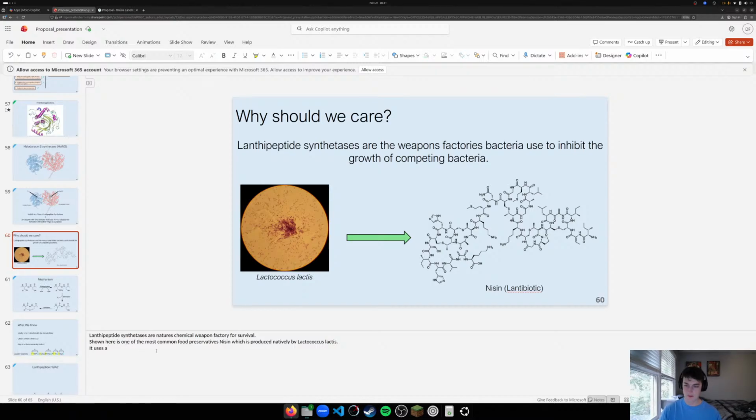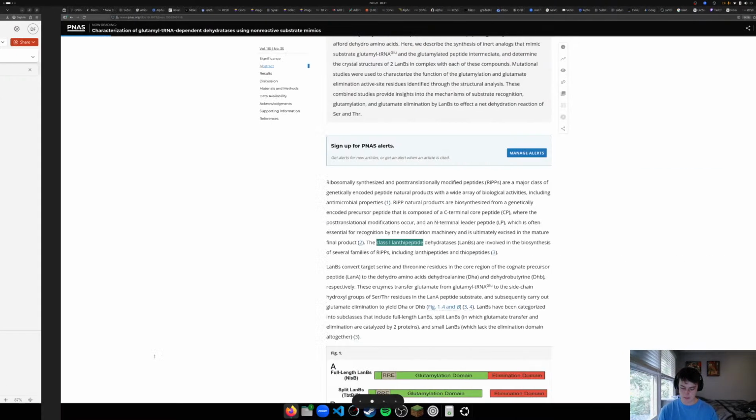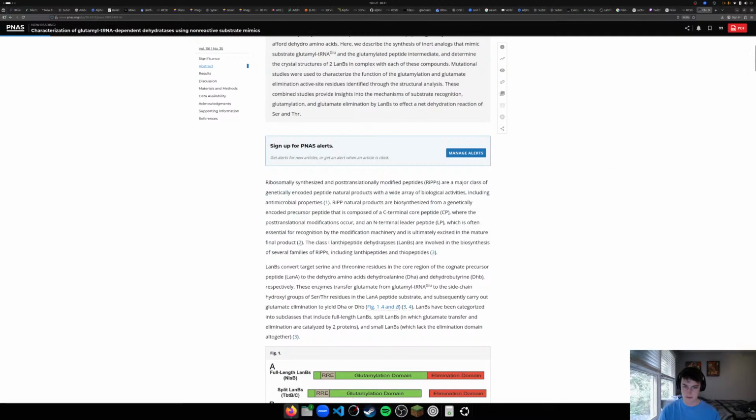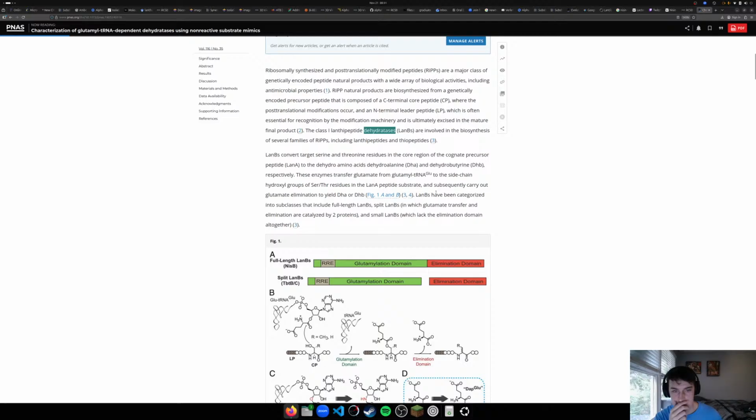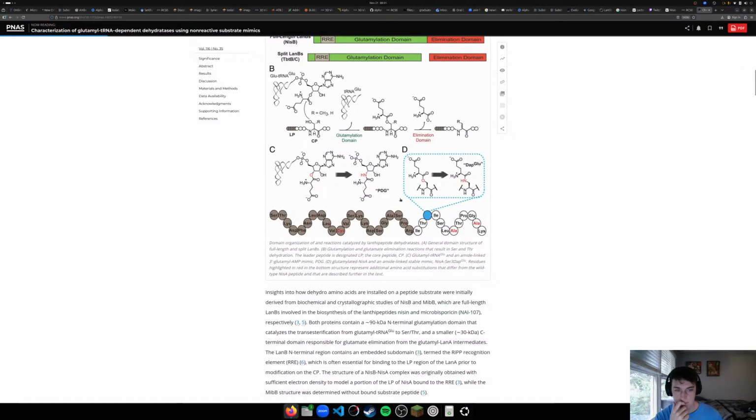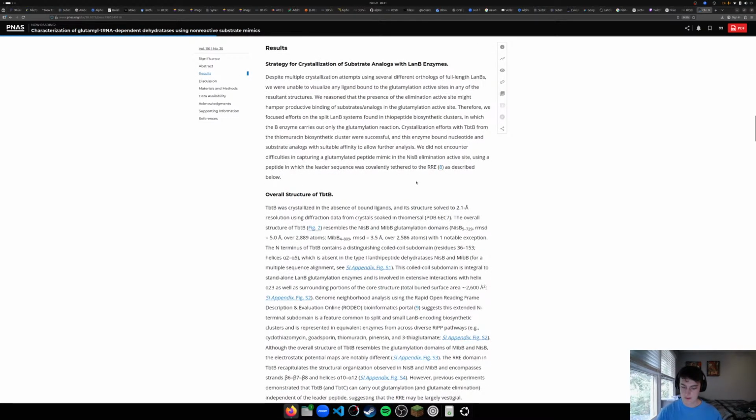Shown here is one of the most common food preservatives, nisin, which is produced natively by Lactococcus lactis. It uses a class 1 lanthipeptide dehydratase. And I think it also uses, how does cyclization occur?